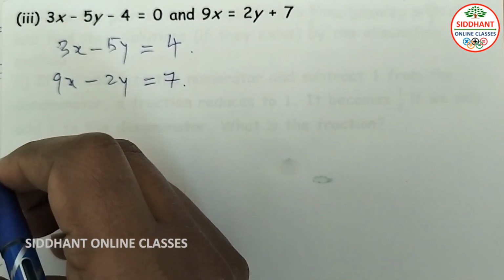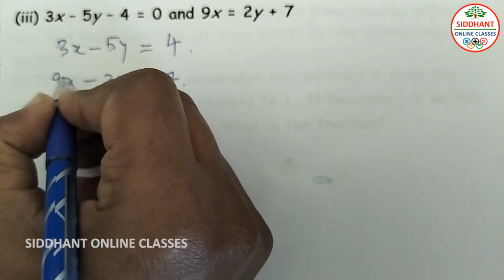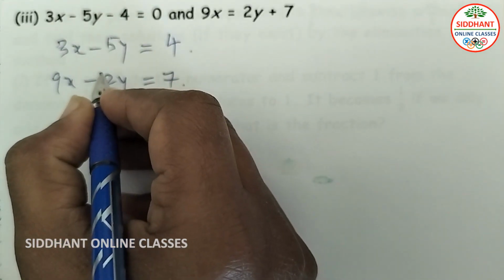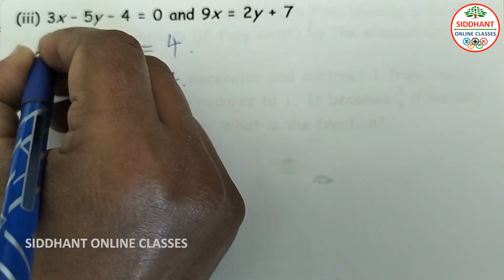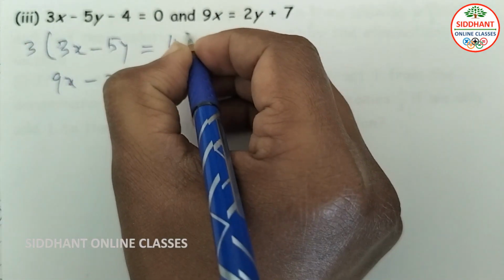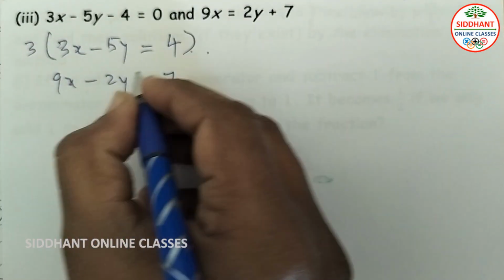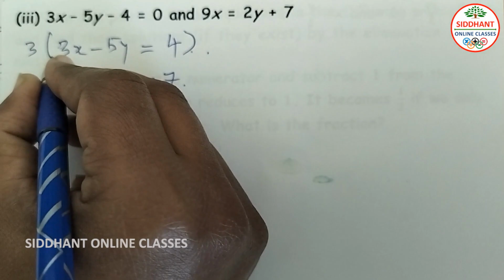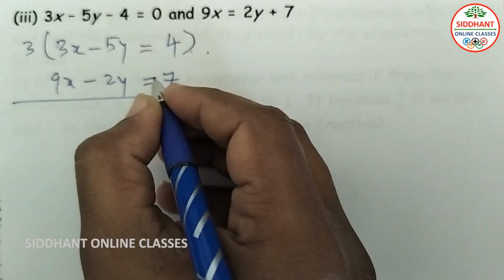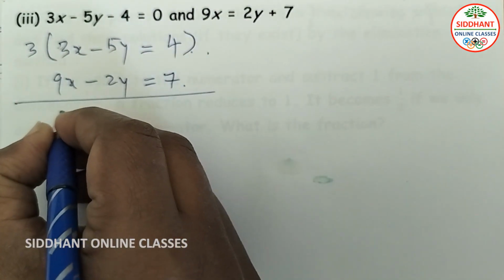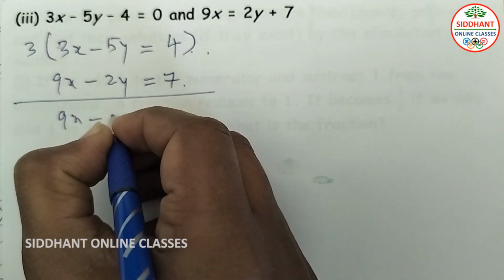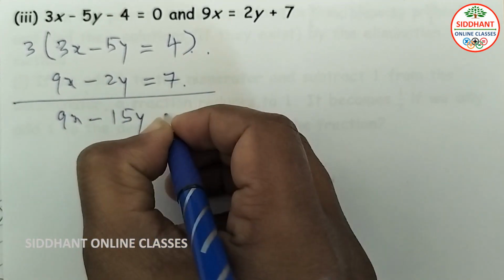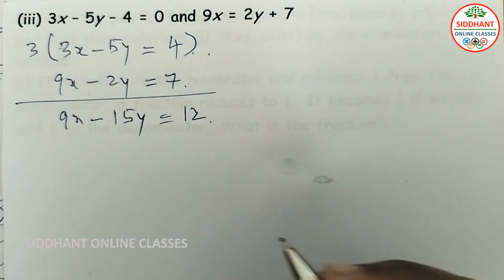So elimination method. In order to cancel the x variable, we are going to multiply the first equation by 3. When we multiply this with 3, we will be getting 9x minus 15y equals 12 here.